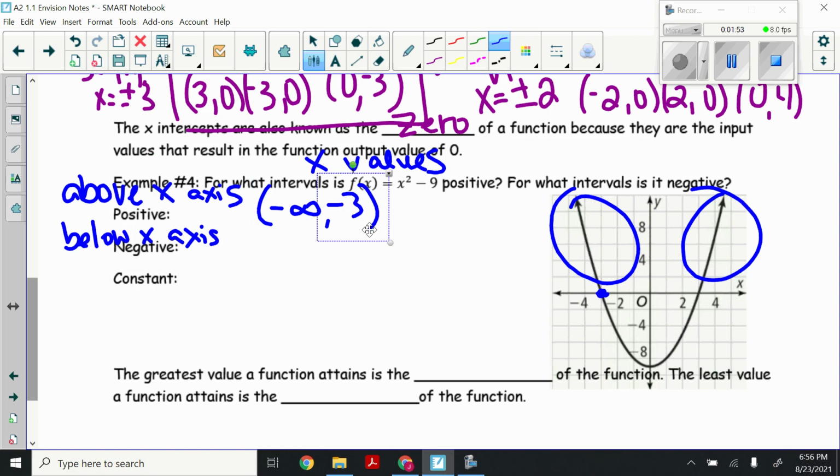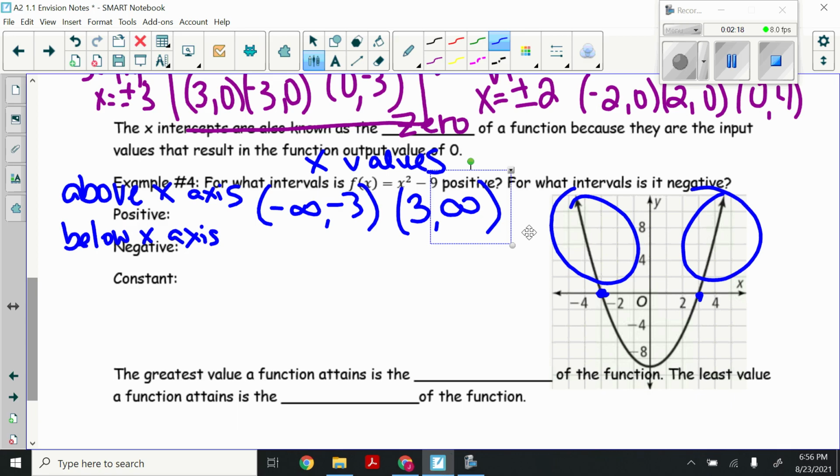Then it becomes positive again back over here at +3. So parentheses +3 up to positive infinity, it goes on and on forever, continuing to be positive. Those are the intervals where my graph is positive. And again, intervals are the x values that we're putting in.